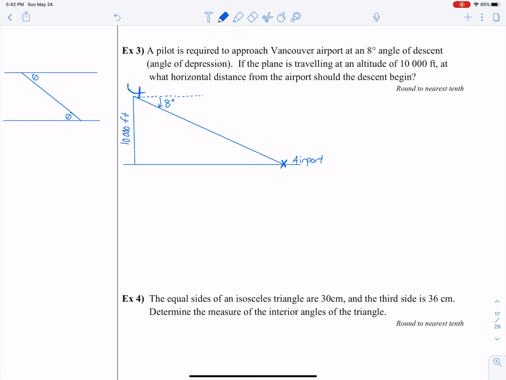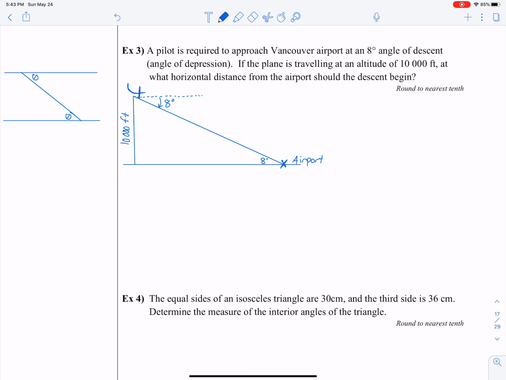Meaning that whatever we have up here is going to be the same number down here. Okay, this is just a math rule you should have learned in previous classes. So this angle is going to equal this angle. So that means that inside here is going to be 8 degrees. If we have an 8-degree angle of descent here, we're going to have the same number here.